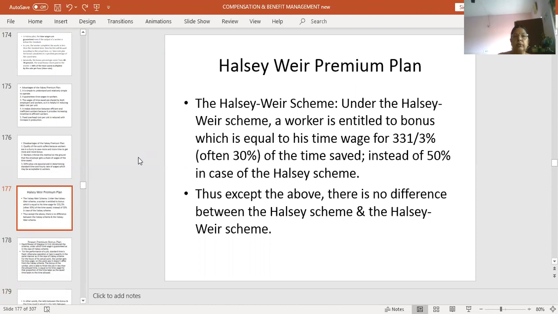So this is how the Halsey premium bonus plan is used to determine the compensation of workers. This is usually used in manufacturing jobs. So I'll stop here.